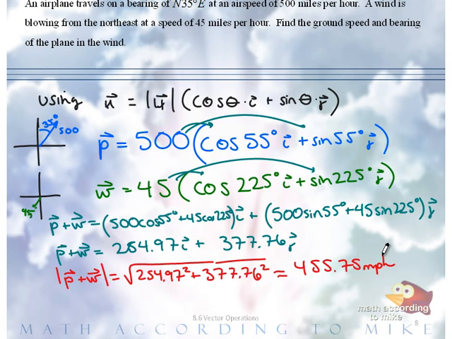Hooray! So again, it met up with our prediction that it should be something less than 500. Notice we almost knocked off all 45 miles per hour.